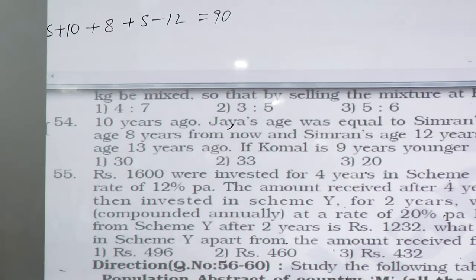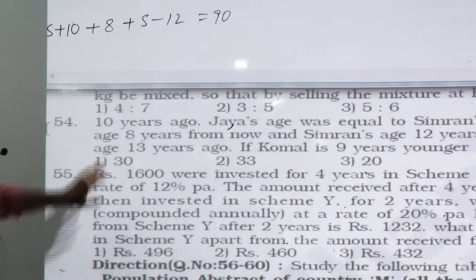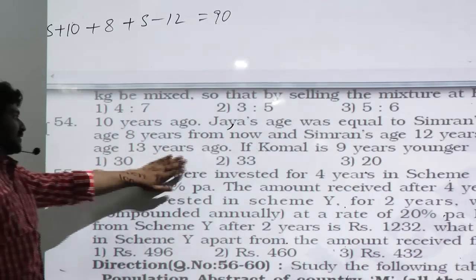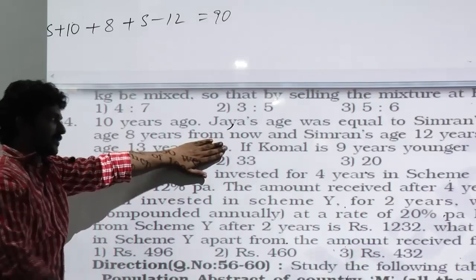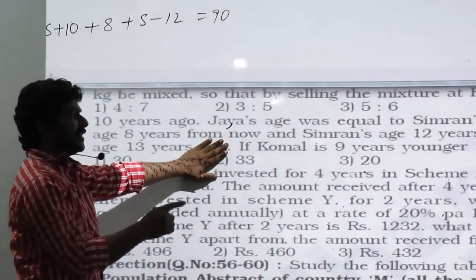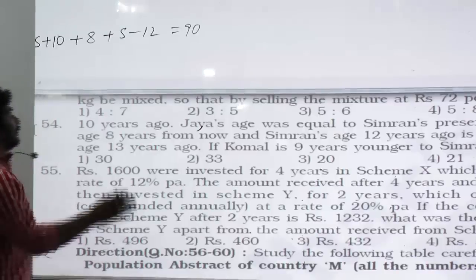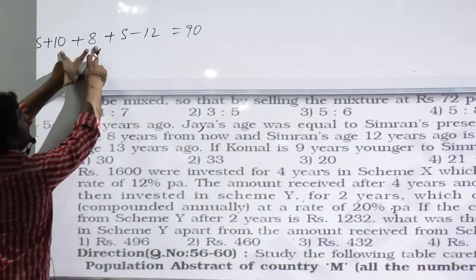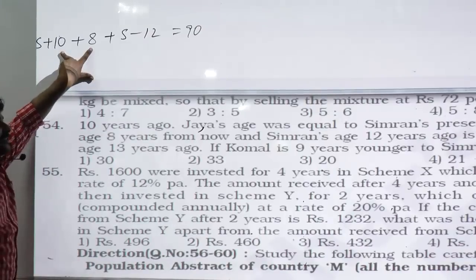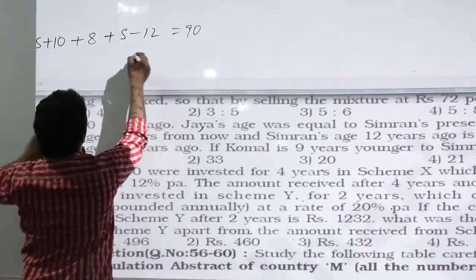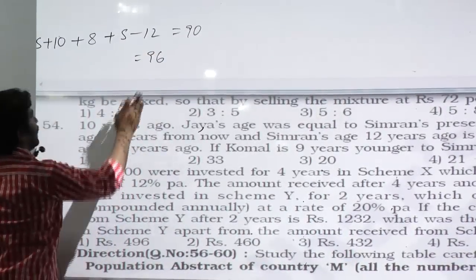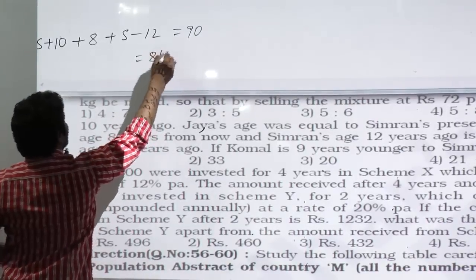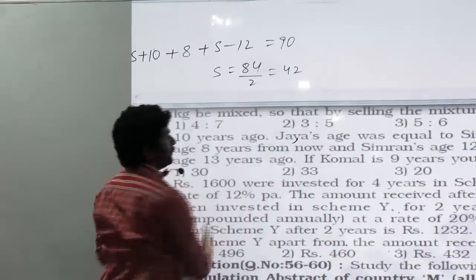Yes. And Komal's age 13 years ago, this is what you asked about. If Komal is 9 years younger than Simran. Fine. First of all, 2S plus 18 minus 12 is 6. Take 6 to the right-hand side: 96, minus 6 is 84. 2S is 84, S is equal to 84 by 2, which is 42.